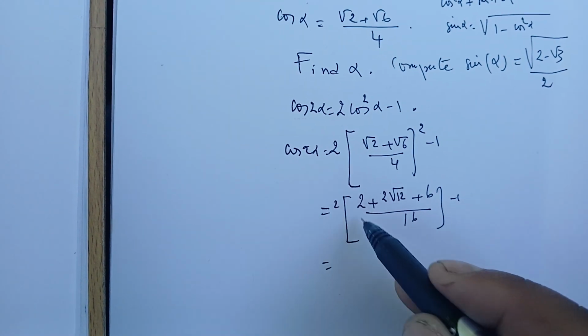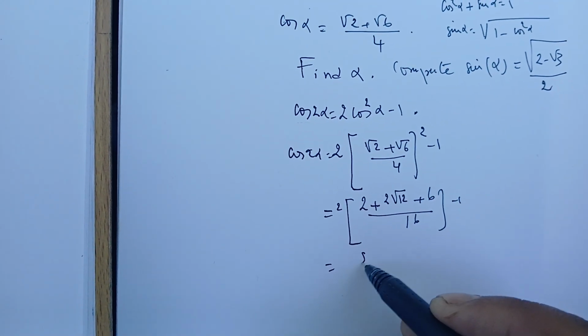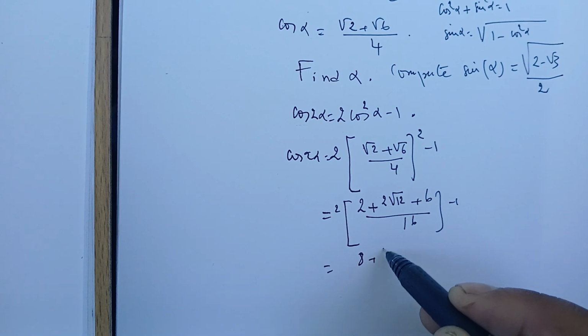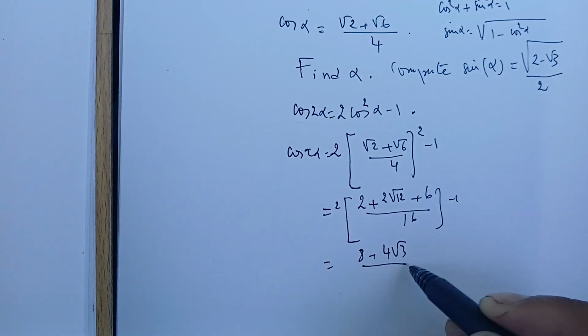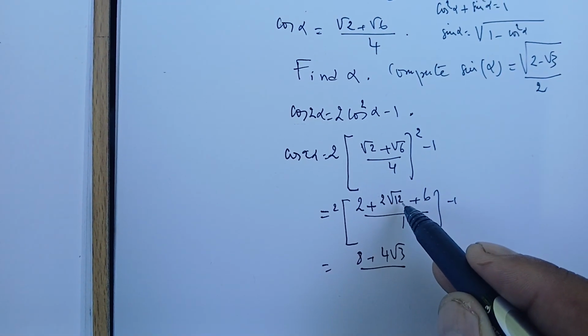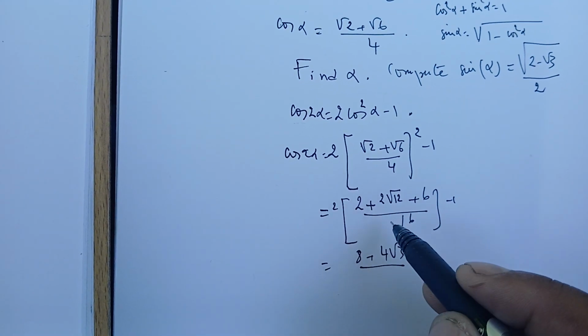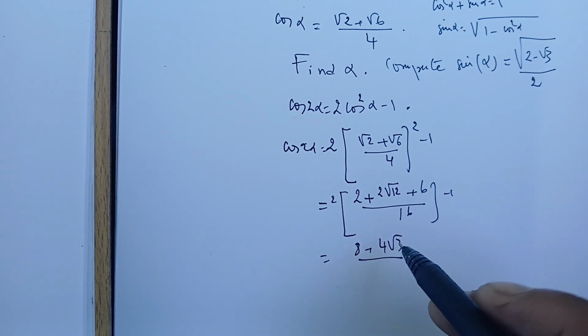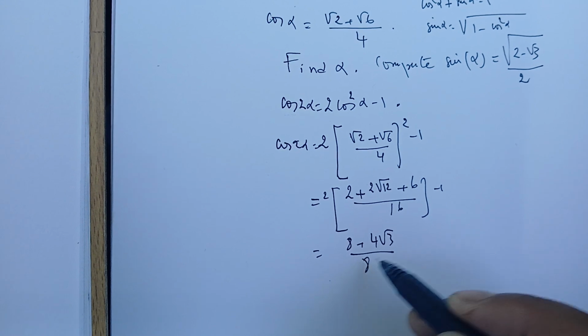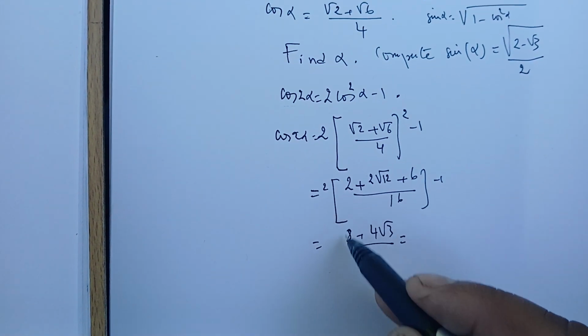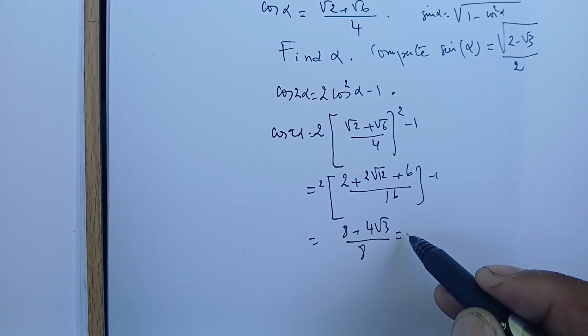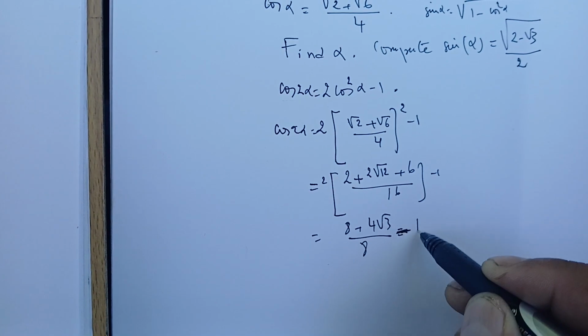We leave the minus 1. And here you can get rid of this 2. So we have 8 plus 4 square root of 3 over 8. I used the fact that 12 is 4 times 3, and I took the 2 outside of the square root. I still have the minus 1.